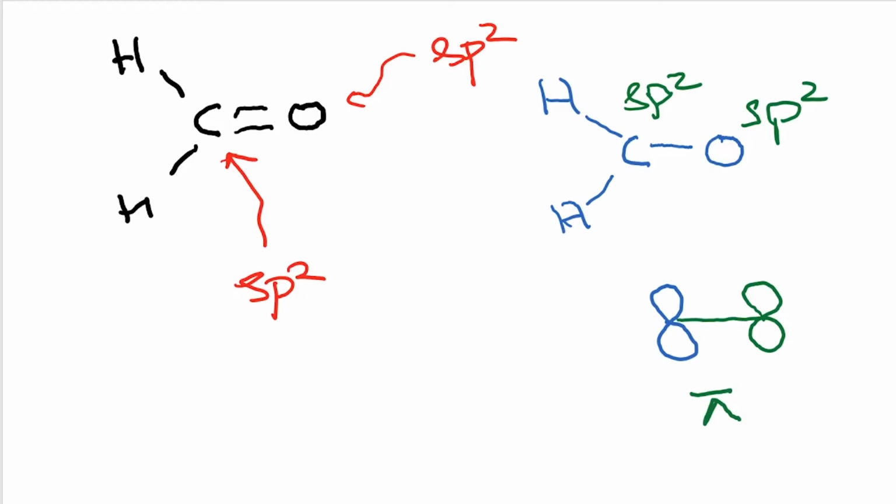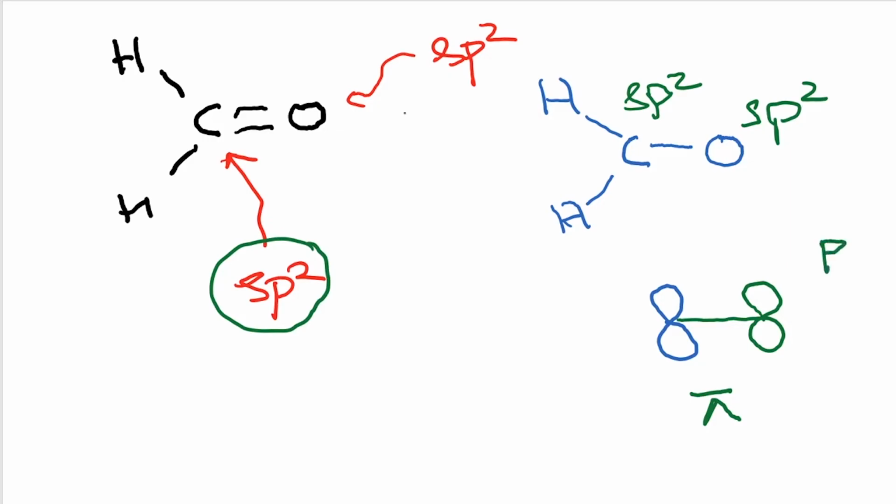So the way we understand carbonyl compounds is that the hybridization of the carbon and oxygen is sp2, and there is one sigma bond between carbon and oxygen, which is through the sp2 orbital, and there is one pi bond, which is through the p orbitals.